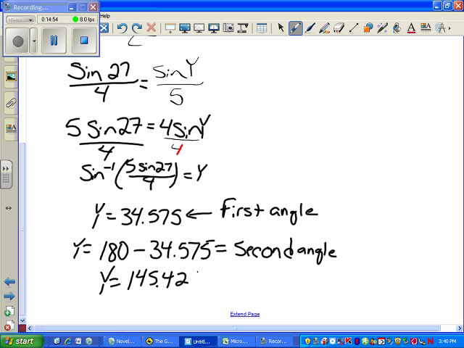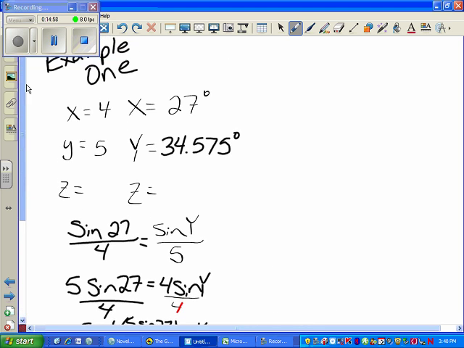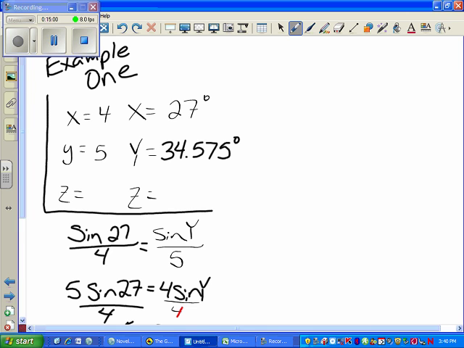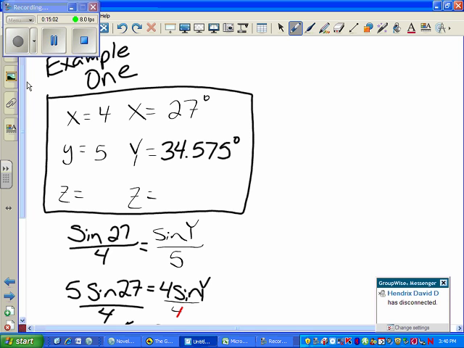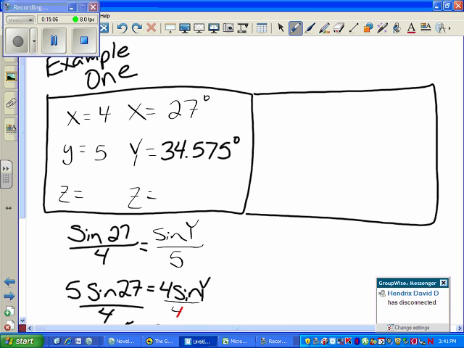Correct? So what I want you to do when you do these is box that one out. That's one triangle. Make another box.